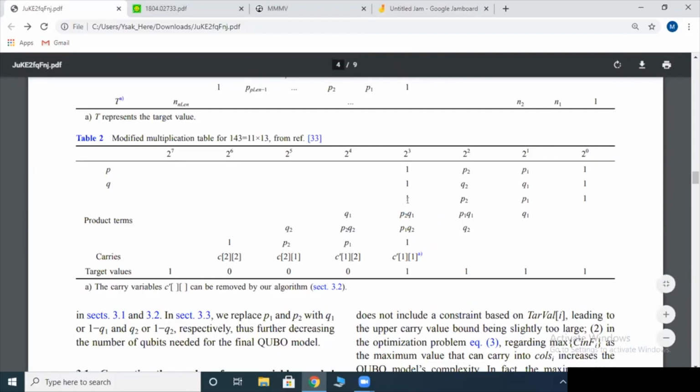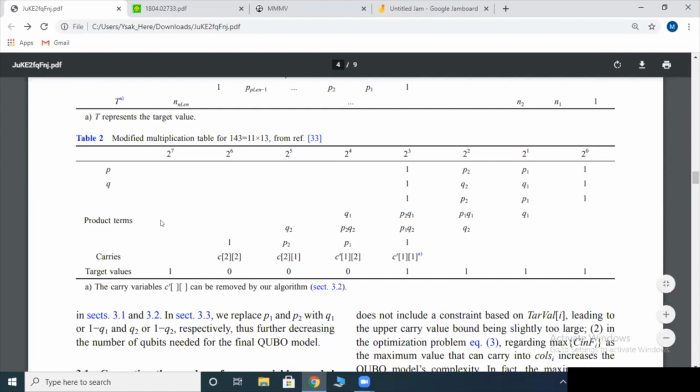That is why we write 1, P2, P1, 1 again. Then we have the multiplication by Q1, which we multiply with 1. We know that this is 1, so it is again going to be Q1. Then Q1 into P1. That is how we generate this table.